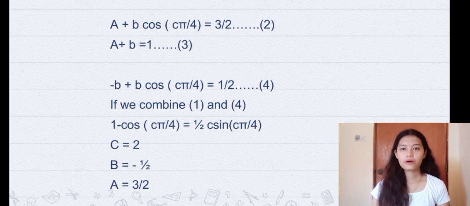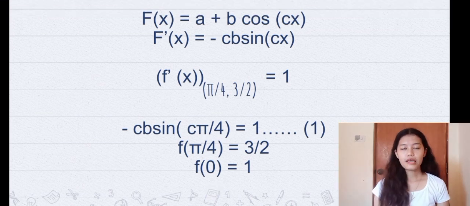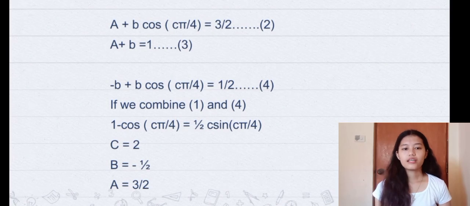And now from the given we get from 1 and 4: number 1 is -cb sin(cπ/4) = 1, and number 4, -b + b cos(cπ/4) = 1/2, which is the solution that we get from combining 3 and 2.